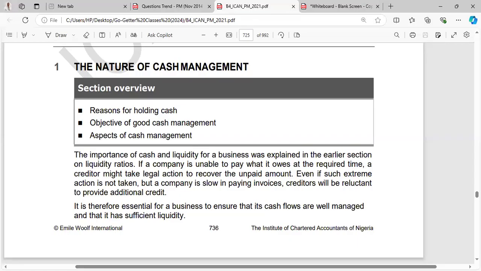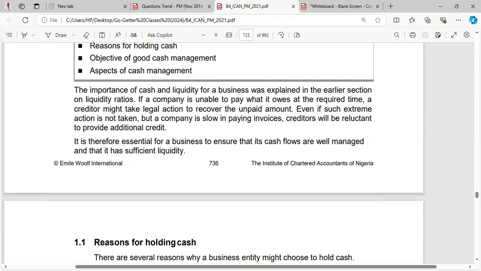So you see why you need cash. If all your cash is tied up in receivables, you cannot get further credit, and they may want to take action to recover what you are owing. So it is important that cash flows are managed well so that there is sufficient liquidity.